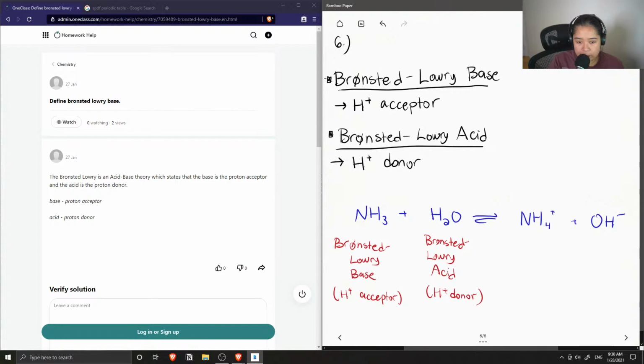So now when we have NH4+, this is called the conjugate acid. And when we have the OH-, this is the conjugate base.